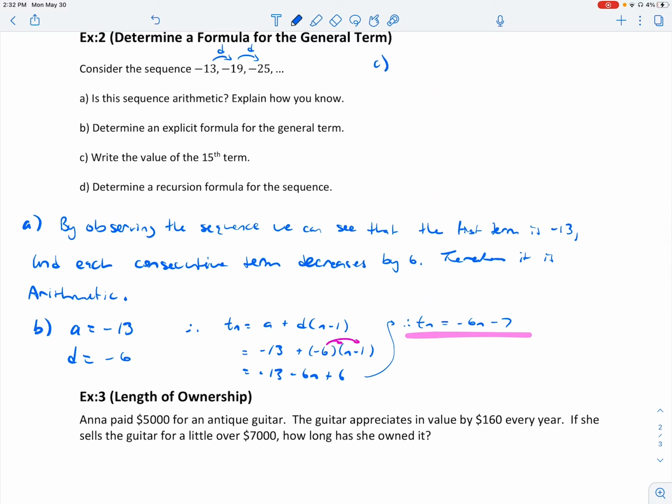Okay, we'll do part C up here. Write the value of the 15th term. Well, now we want t of 15. Well, that's great. We can just use our explicit formula, plug in 15 for n. So -80 minus 7, we should get -87.